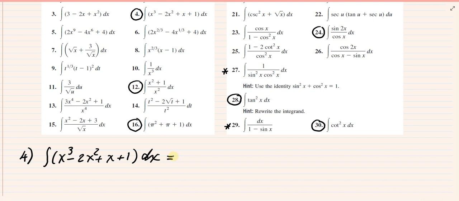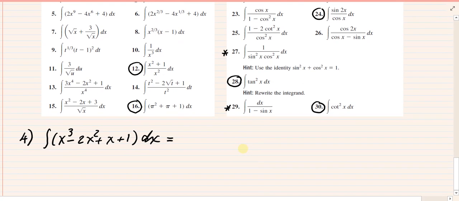Now, in order to do this, rule number 2 of integration, we had said that the integral of some difference would be some difference of integrals. So I'm just going to write this one time, only this time like this. In the future, I will avoid writing it this way.